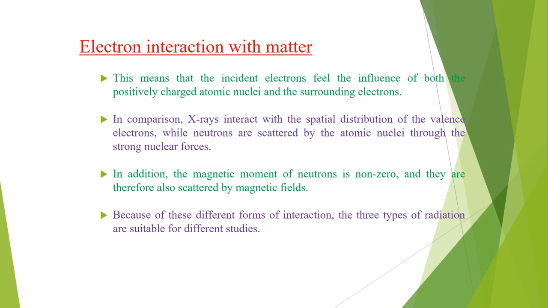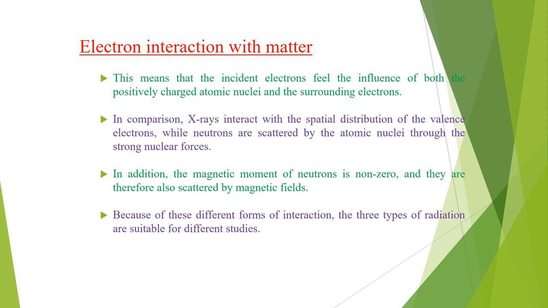This means that the incident electrons feel the influence of both the positively charged atomic nuclei and the surrounding electrons. And in comparison with X-rays, X-rays interact with the spatial distribution of the valence electrons, while neutrons are scattered by the atomic nuclei through the strong nuclear force.